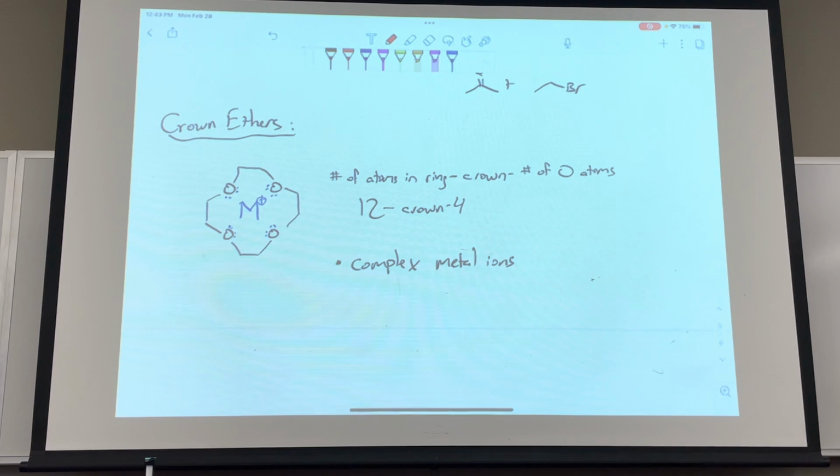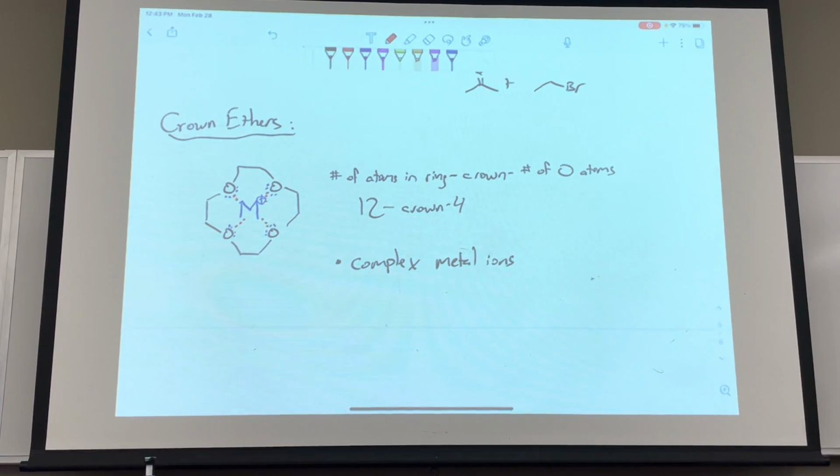And they do so through these ion dipole interactions between the oxygens of the crown ether and the metal ion. And so different sized crown ethers can accommodate different sized ions. So this is the smallest of the crown ethers, the 12 crown 4, and it, as you might guess, is going to accommodate the smallest of the metal ions.